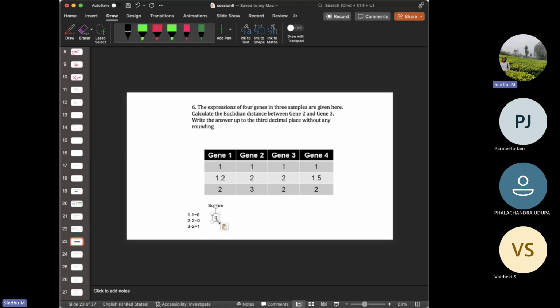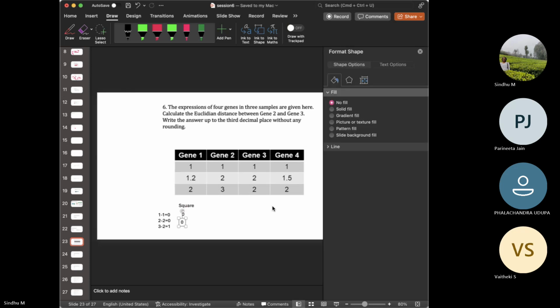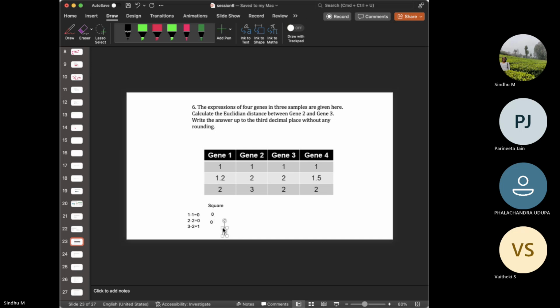And the third would be 3 minus 2, the whole squared, which is 1. Now if we add all these three together, 0 plus 0 plus 1 is 1. Finally, we take the square root, which is also 1.